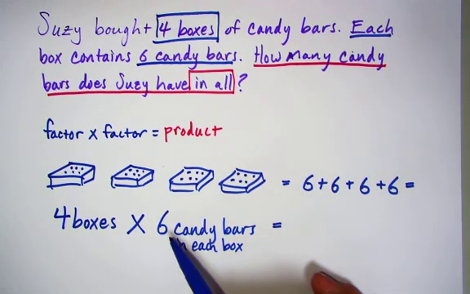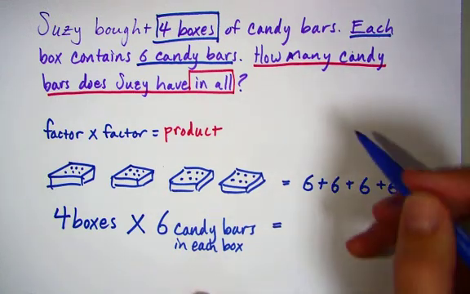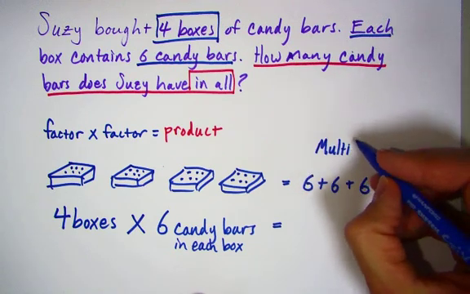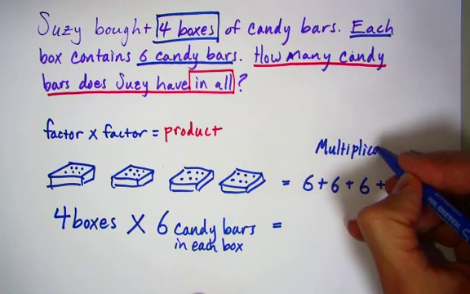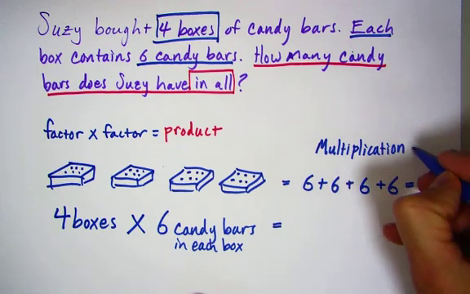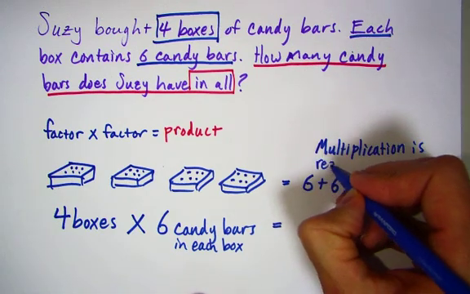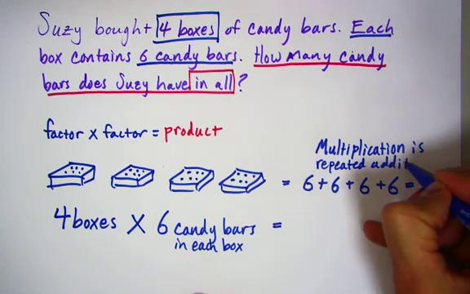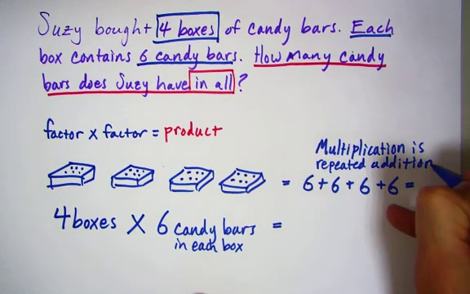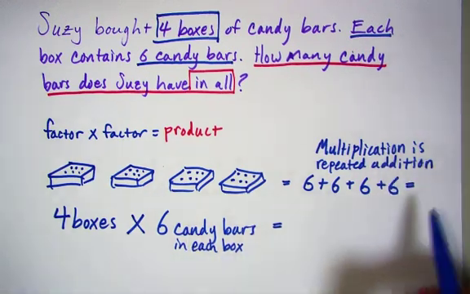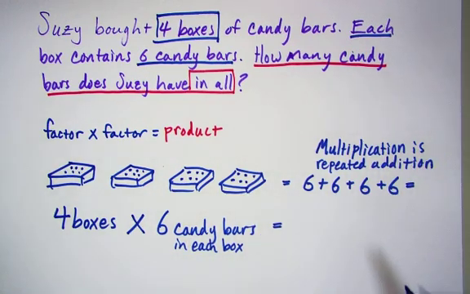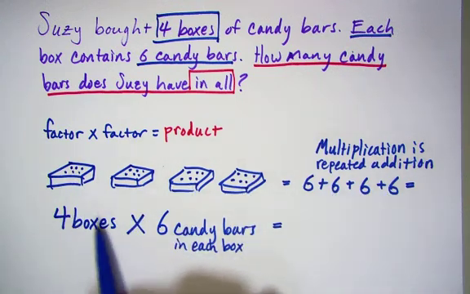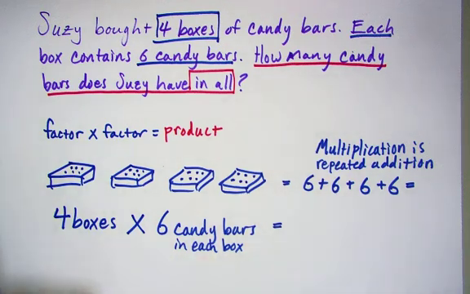Yes, it is actually. So we can say that multiplication is repeated addition. And that's why we have multiplication. It's an easier way to add equal groups. We see equal groups right here, and we see the equal groups right here of 6. So this is why we have multiplication.